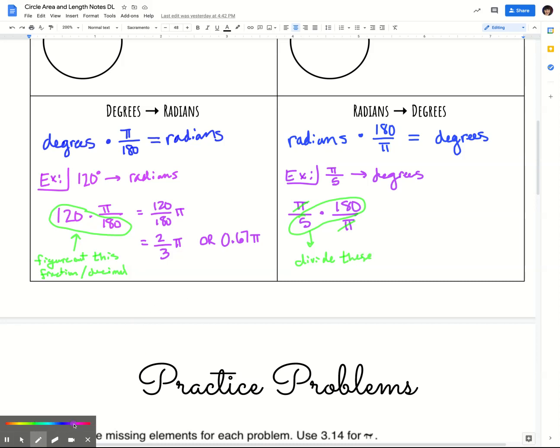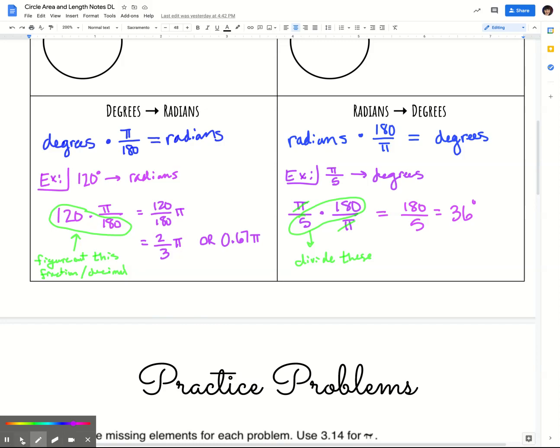Okay, so all I really have here is 180 divided by 5, which is 36 degrees. Okay, pretty simple. It's just some straight multiplication and division here.